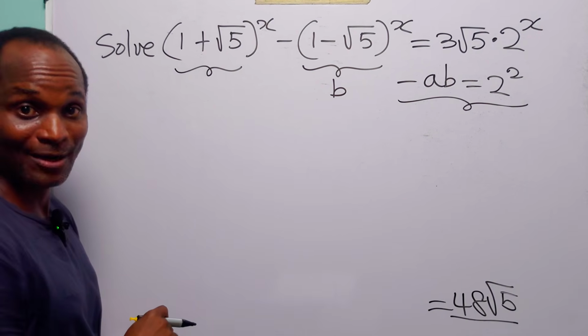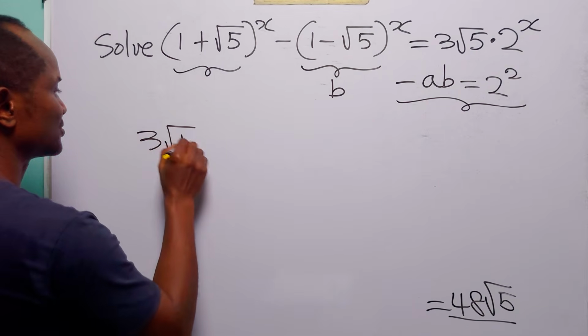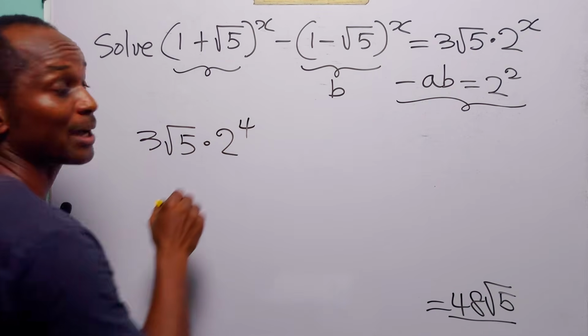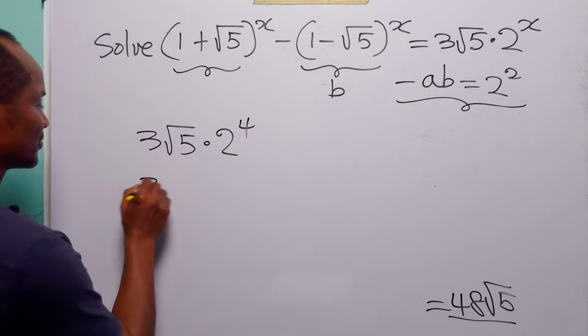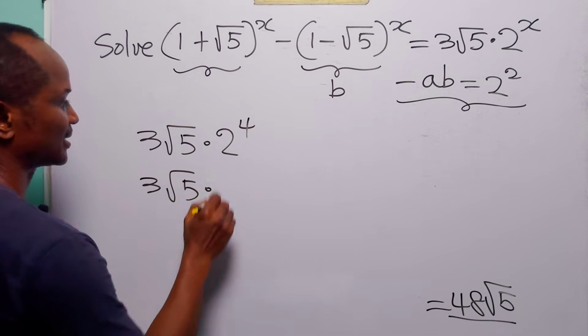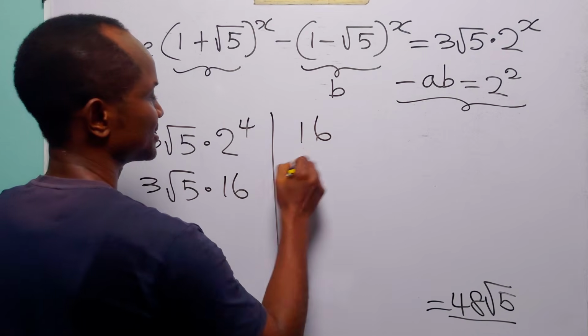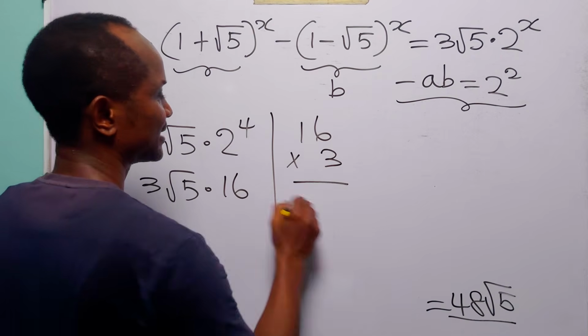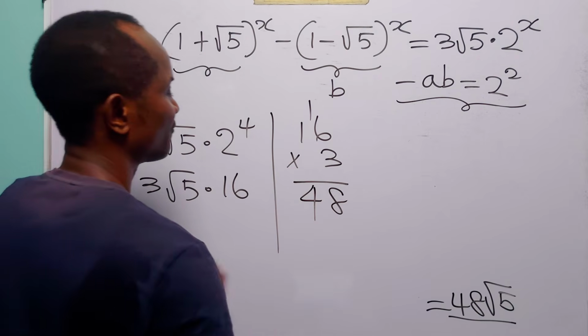And when x is equal to 4, on the right-hand side we have 3√5 times 2 to the power 4. 2 to the power 4 is 16. So we have 3√5 times 16. This is 16 times 3. 3 times 6 is 18. 3 times 1 is 3, plus 1, 48.